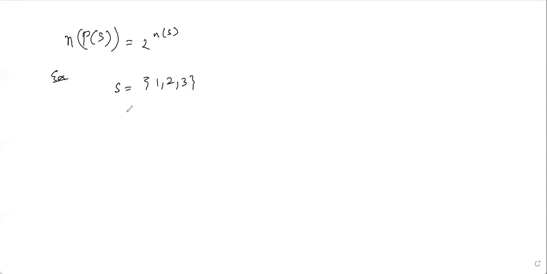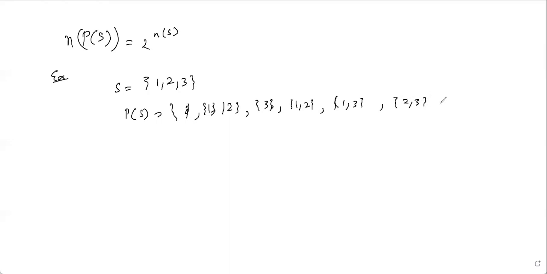Then the power set, P(S), has the elements: the null set, {1}, {2}, {3}, {1, 2}, {1, 3}, {2, 3}, and the whole set itself. So this will be 2 cubed, which is 8 elements.